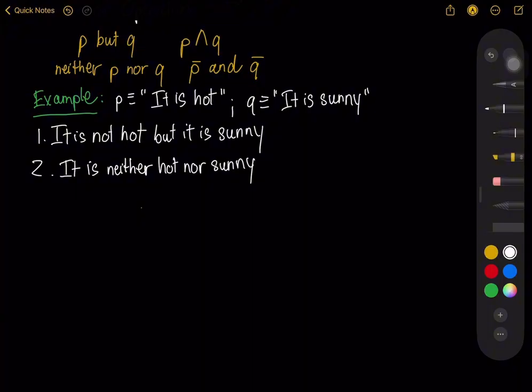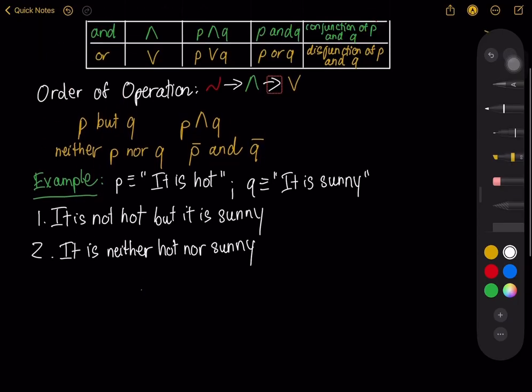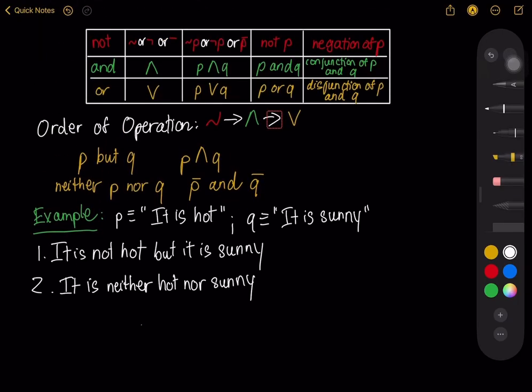Go ahead and write each of the following sentences symbolically. All right, so we have, it is not hot. We know that our P is, it is hot, right? We have a not over here, which is the negation of P. But it is sunny, so we have but here.